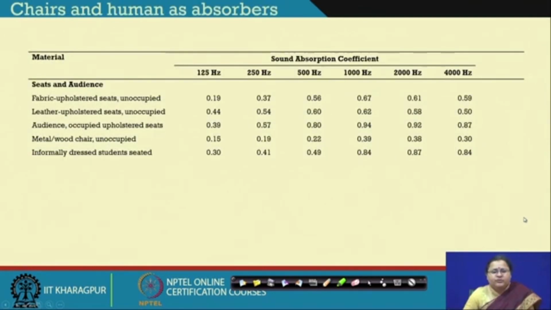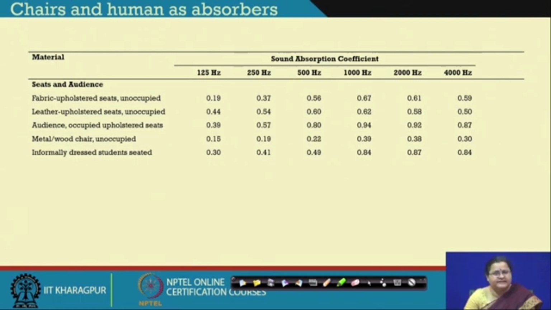Now, coming to human beings as absorbers and chairs as absorbers. Individually, this is the chart which you can see in front of you. There are seats with fabric, seats with leather, usually seen in spaces like auditoriums where audiences occupy them.